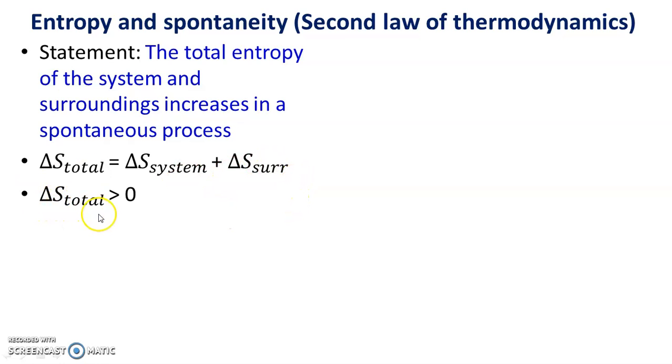When delta S total is greater than 0, the process will be spontaneous. In other words, for a spontaneous process, delta S total should be greater than 0, and delta S universe is always greater than 0. The meaning of this is, according to the second law of thermodynamics, the entropy of the universe increases day by day and is always greater than 0.